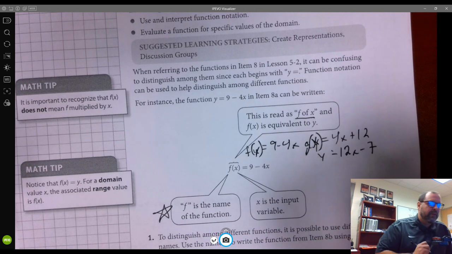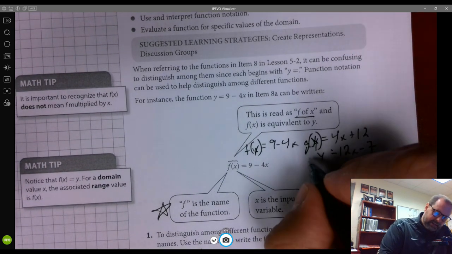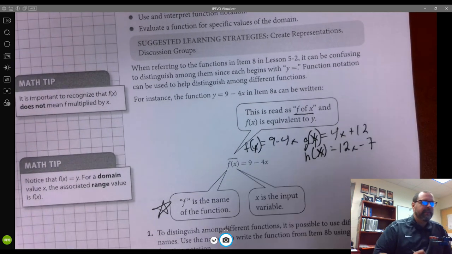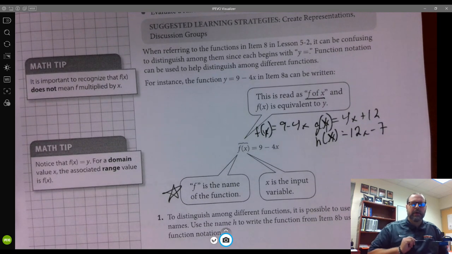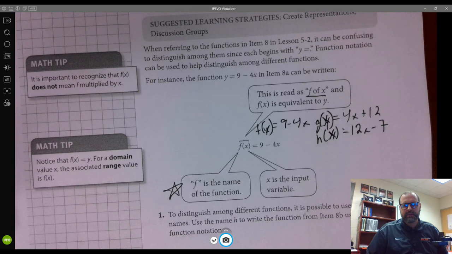Then, and I'm writing over those, I could say, oh, that's g of x, and this is h of x. So I can be specific as to which function you're talking about. So, oh, take the h of x function. That's the one I want you to use right now. So that's why we have function notation. We're not just saying, hey, let's replace it with something else for no good reason.